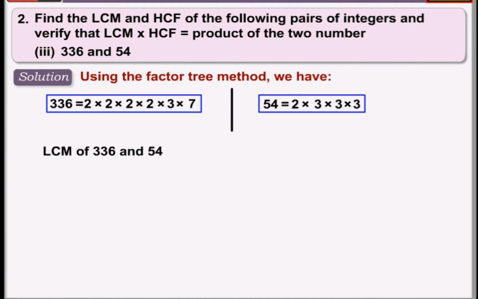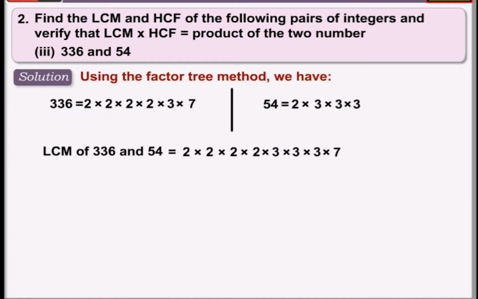LCM of 336 and 54 is equal to 2 into 2 into 2 into 2 into 3 into 3 into 3 into 7. That is 3024. HCF of 336 and 54 is equal to 2 into 3, that is 6.